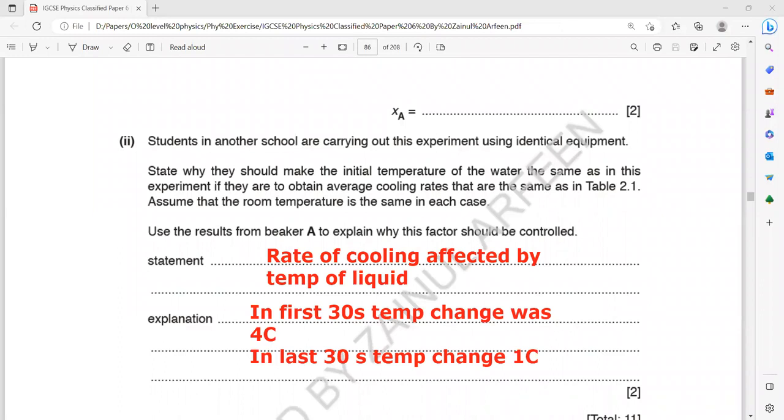So if they ask to use the value from the table, you have to quote the value. If you just mention higher temperature, higher rate of cooling, but you did not quote the value, then you will likely lose a mark for that. Like 1 mark. As I mentioned here, use a result from beaker A, so we have to quote some values.